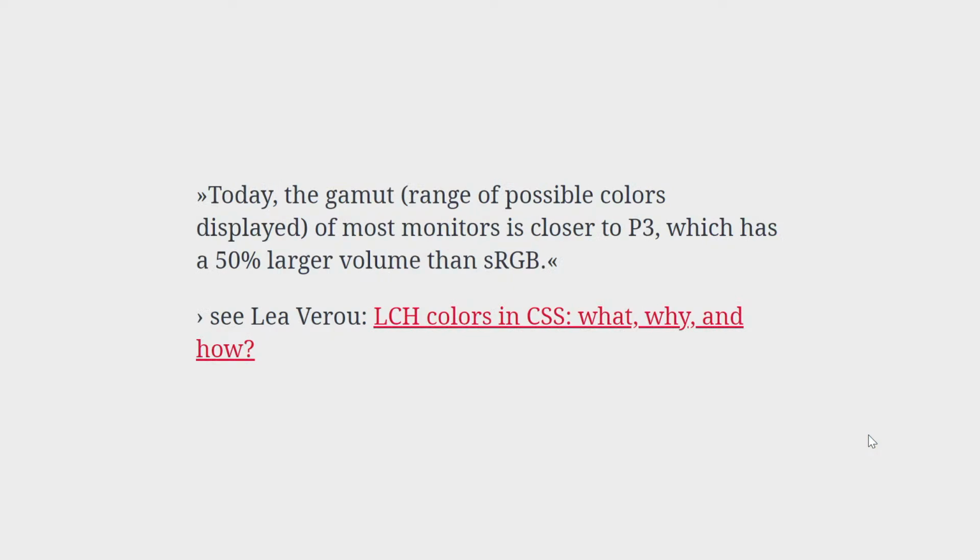What's more interesting, the color space is bigger. The idea is that you can build any color humans can perceive with LCH and lab. Nowadays, modern monitors mostly have the P3 gamut color space, the area of colors a monitor can display.